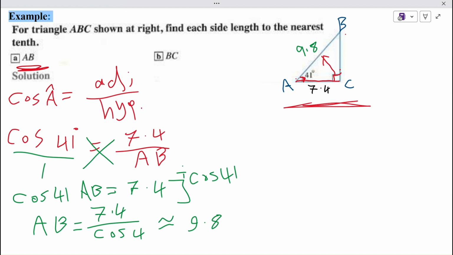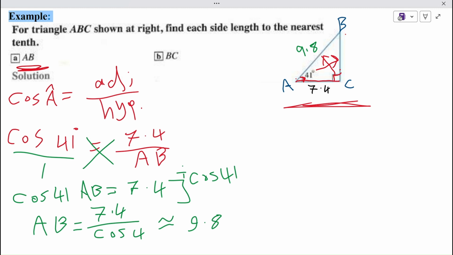What about the second? The second request is BC. BC. It means what? It means opposite of angle A. Opposite. So, which rule includes opposite? Of course, sine. But guys, we don't have the hypotenuse, so we have to use tan, because tan includes the opposite side and the adjacent side.